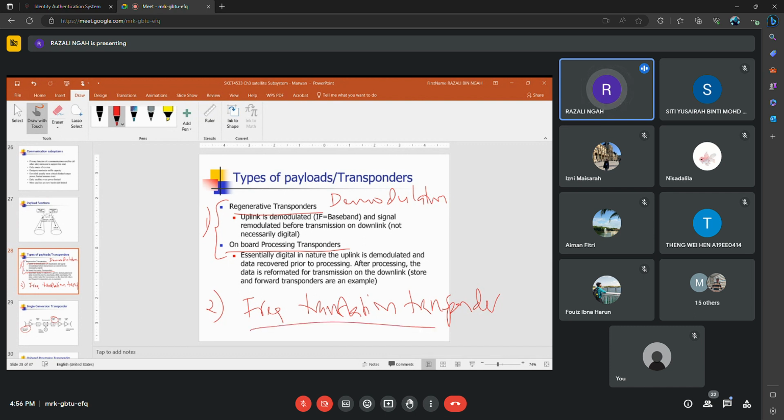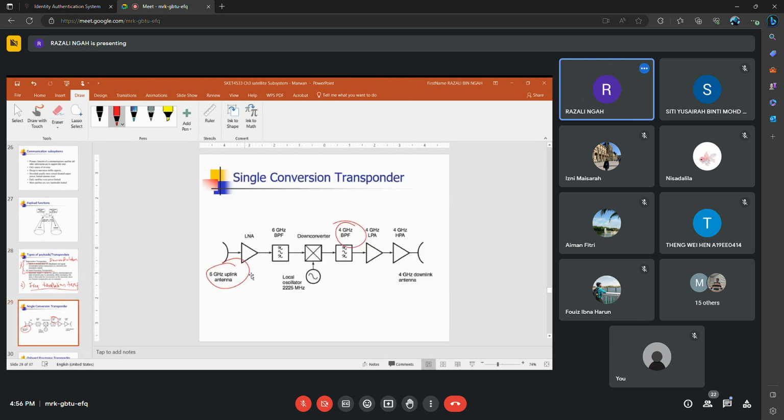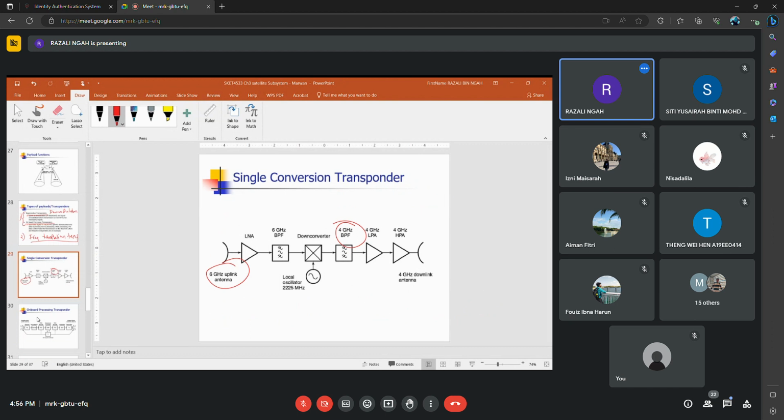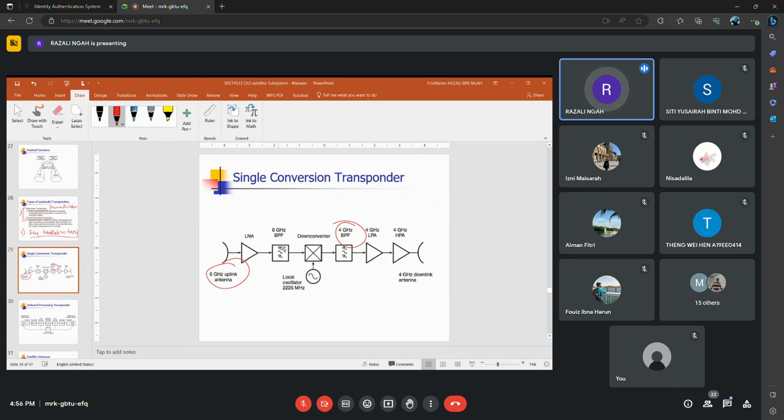For frequency translation, we don't do demodulation; we just change the carrier frequency. This is for C-band, 6 gigahertz to 4 gigahertz.